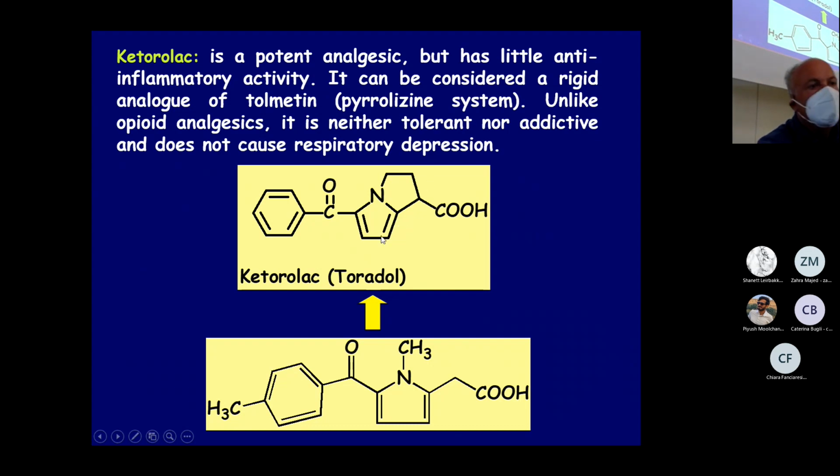This system, characterized by two 5-member rings with a nitrogen in the middle, is called pyrrolizine. So pyrrolizine represents a frozen system of the acetic acid chain.